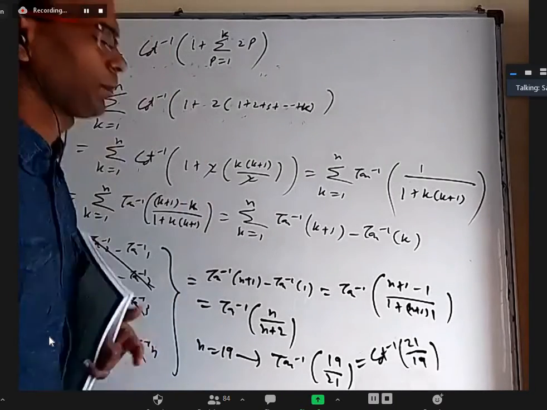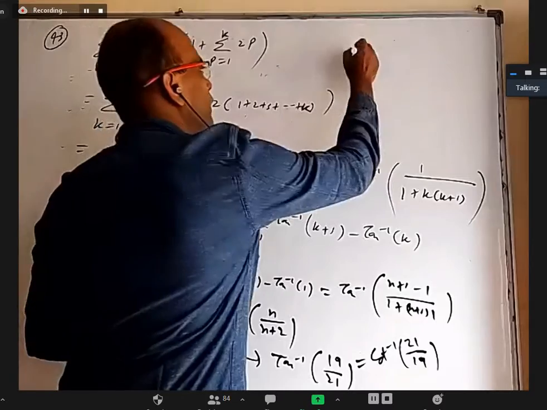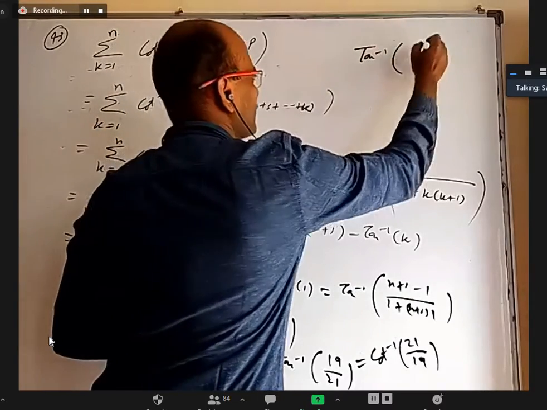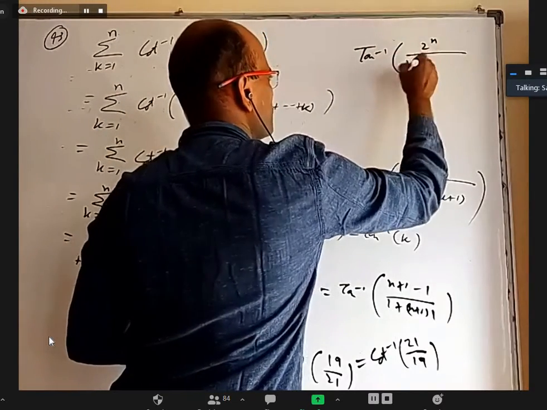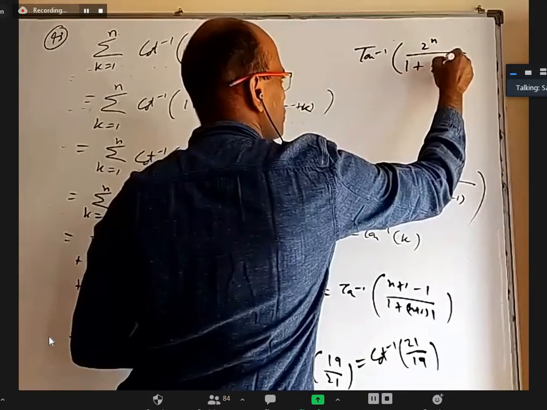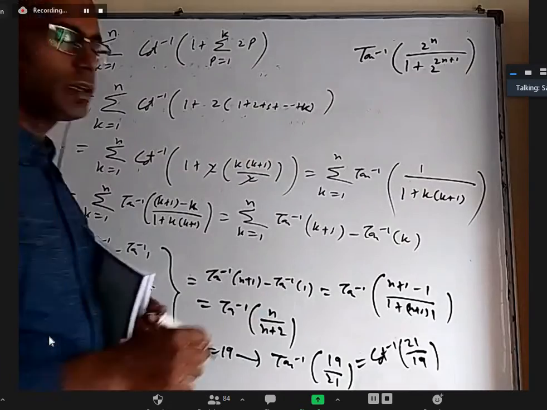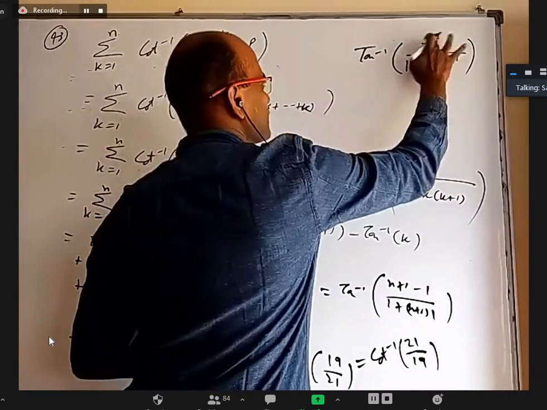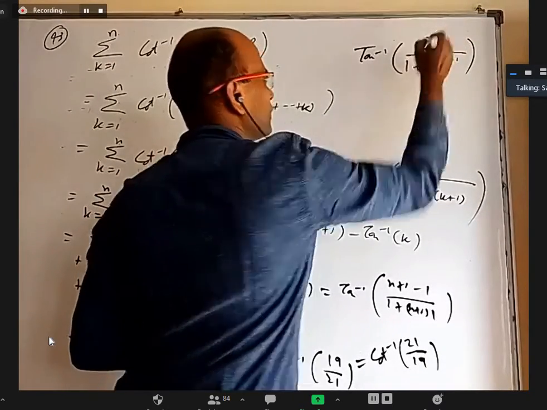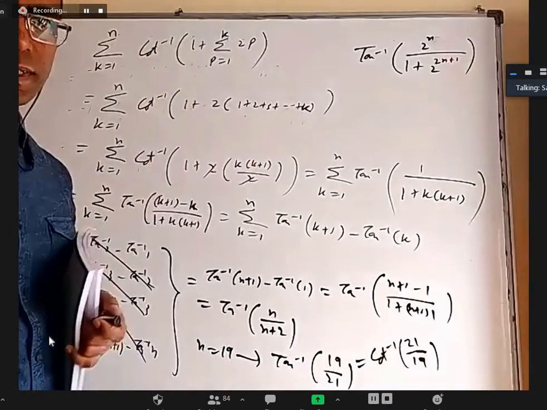I'll give you an idea. Let us say I have tan inverse 2 power n by 1 plus 2 power 2n plus 1. Anybody want to give an idea how to write this as x minus y by 1 plus xy form?